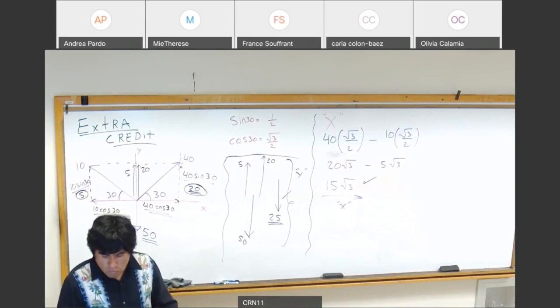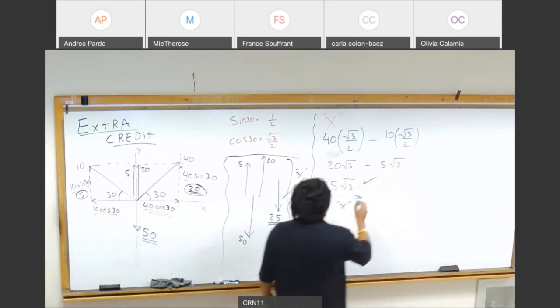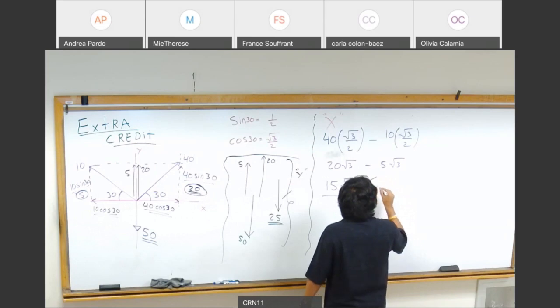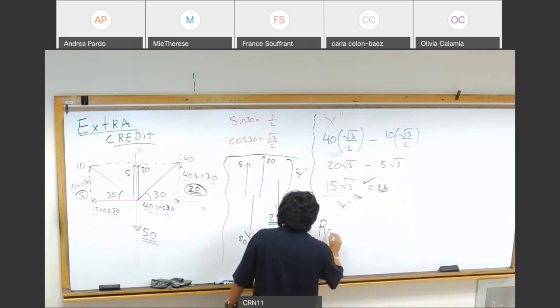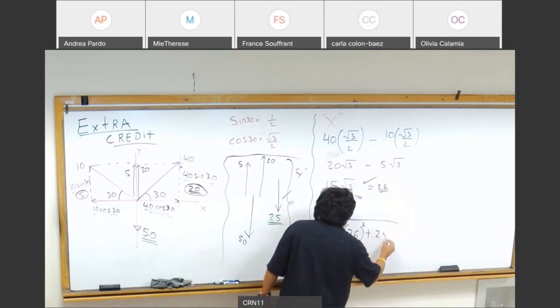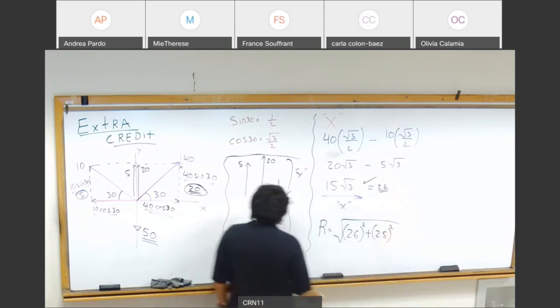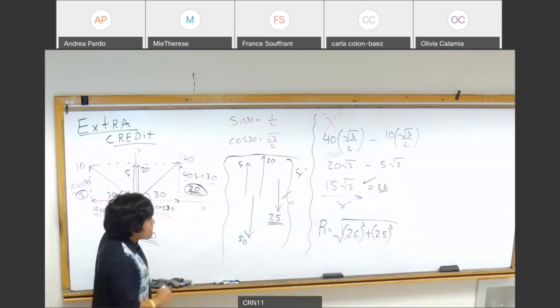It's approximately 26. So the resultant will be the square root of 26 squared plus 25 squared. And that will give you the value for the resultant.